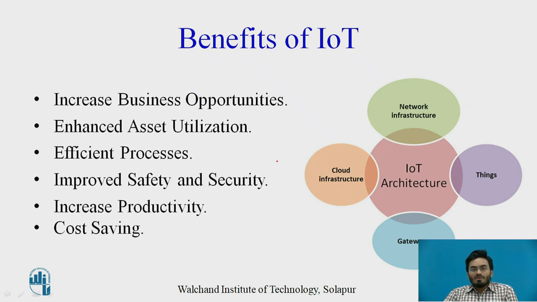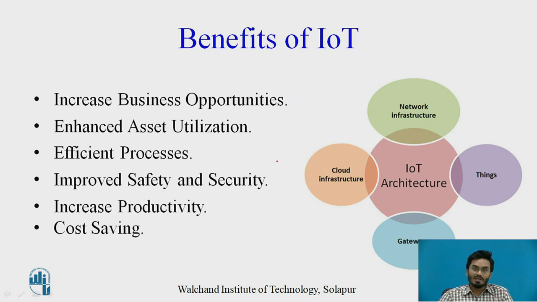And these are the primary benefits of IoT. If you implement IoT in your organization or system, it is going to definitely improve business opportunities, like reaching the world very easily, and some sort of home automation. The processes are going to be more efficient.